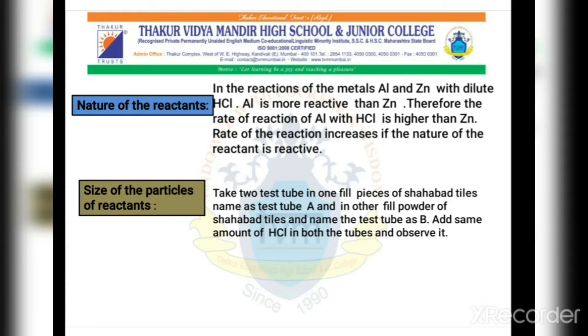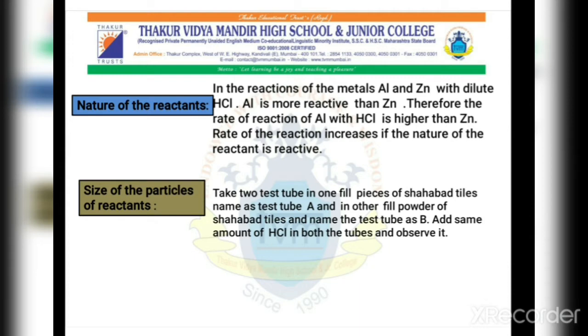First test tube named A, second test tube named B. Test tube A is filled with pieces of Shahabad tiles, whereas test tube B is filled with powder of Shahabad tiles. In both the test tubes we are adding the same amount of hydrochloric acid.